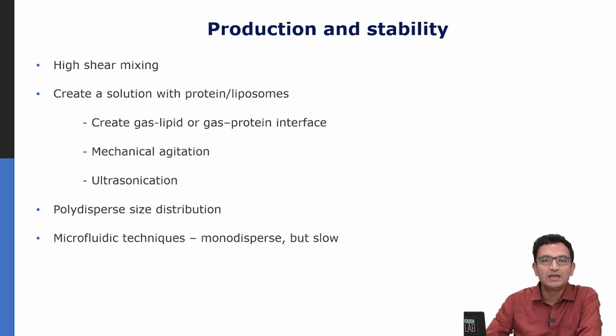But the challenge is these techniques are slow, and the bubbles made are relatively less stable compared to the traditional techniques. So this is still under research, and this is a promising area of inquiry. But nonetheless, what you can see is that these bubbles can be made using a range of methods and can be applied in contrast enhanced imaging.